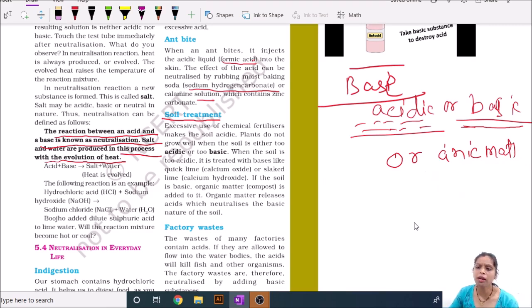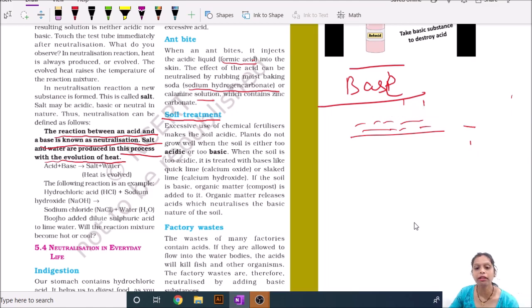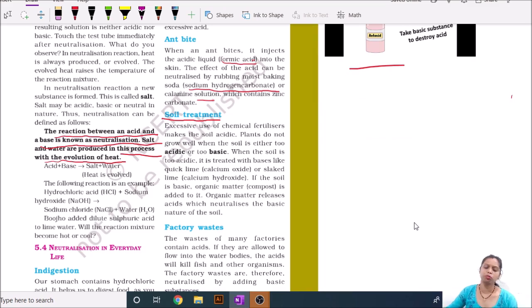Okay. Now, sometimes you have heard that factories give out many acidic substances, and whenever factories release these chemicals, these acidic substances, into a river, the fishes and other organisms that live in rivers may be affected by these substances.